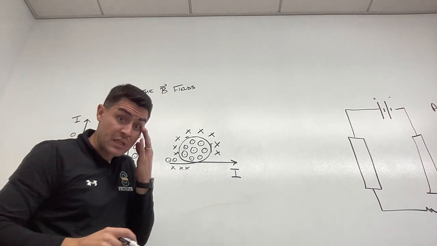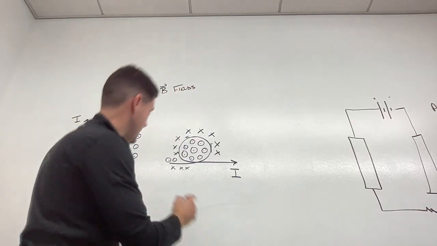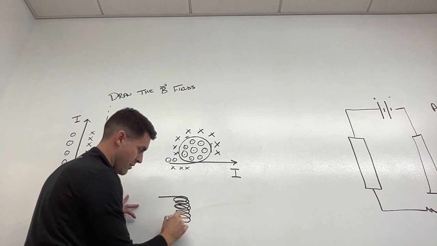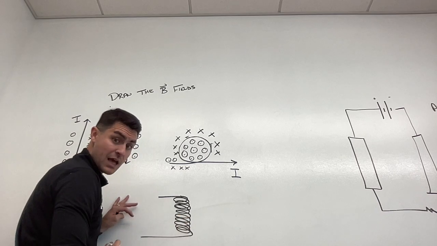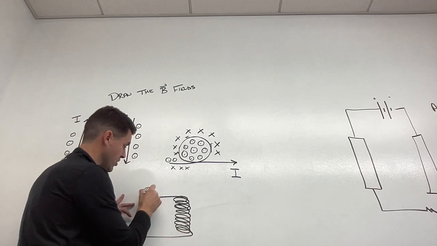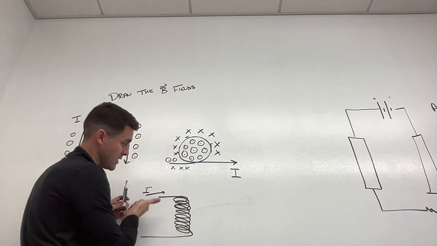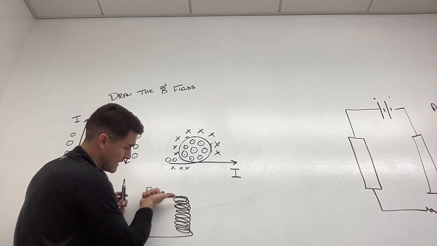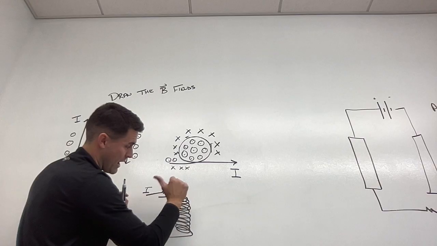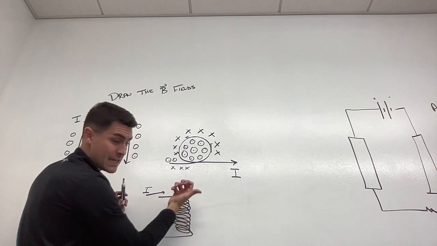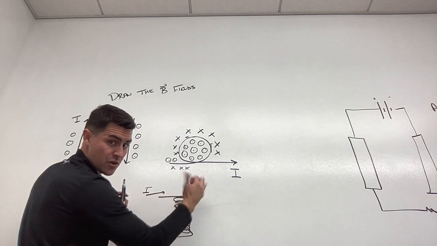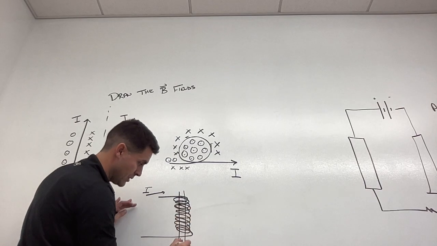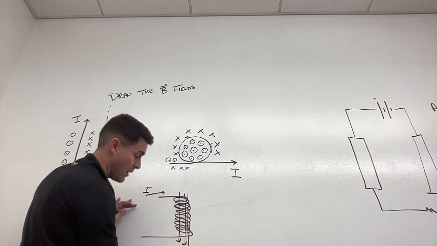Which is interesting because when I take a bunch of loops of wire like this and send current into the loop of wire, moving around in this way, I can see that inside those loops, as current moves through, I'm going to get a magnetic field straight down.